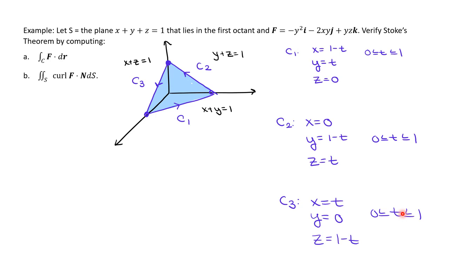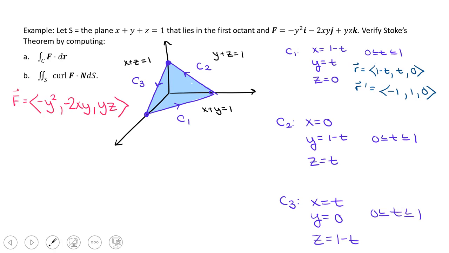And then to compute these line integrals, I am going to take my vector field, which is F, dotted with r prime, and that's what I'm going to be integrating. Okay, so we're going to take F dotted with r prime. And so let's just do one at a time. Let's start with that path C1.